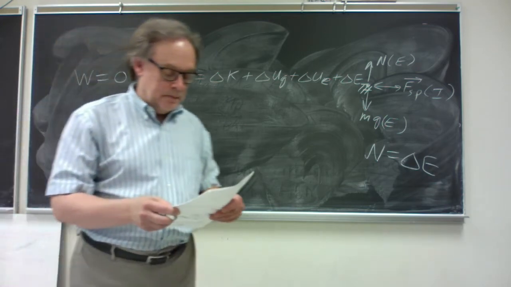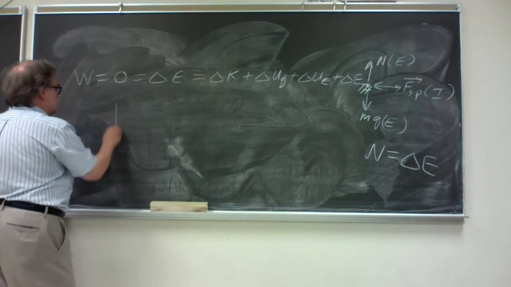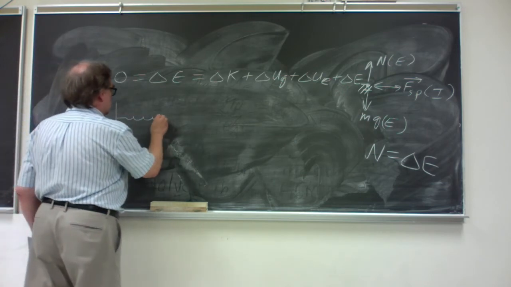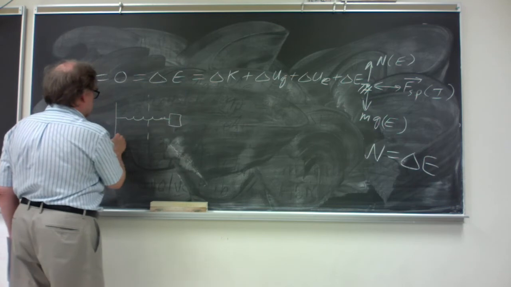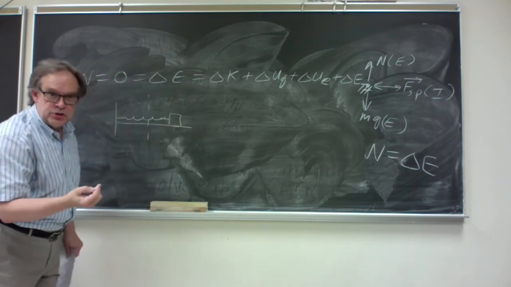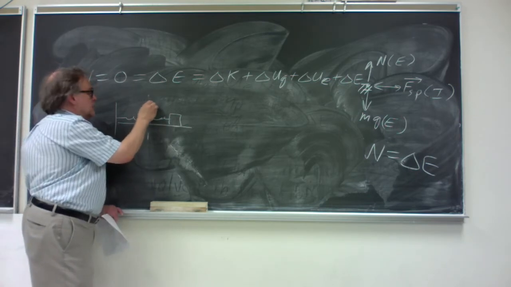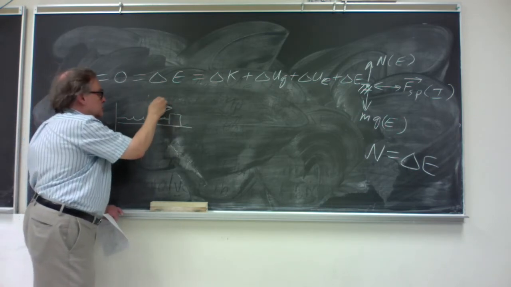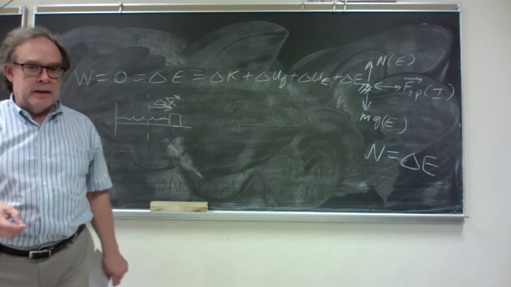Let's look at this example. Let's say you've pulled that mass away from its equilibrium position. Equilibrium position is right here, so there's a displacement to the right of that mass.